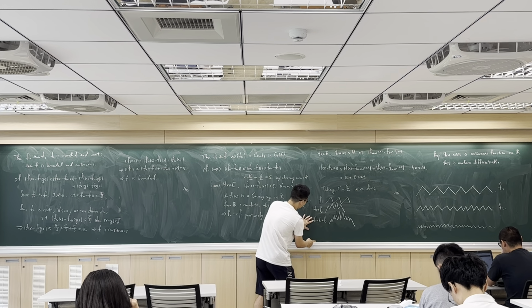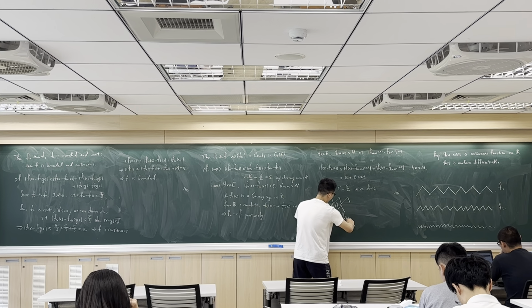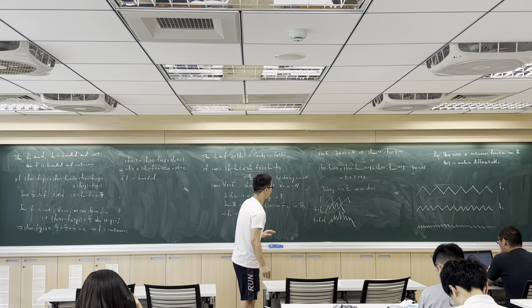So as n becomes larger and larger, it becomes steeper and steeper everywhere. So in the end, it becomes nowhere differentiable.